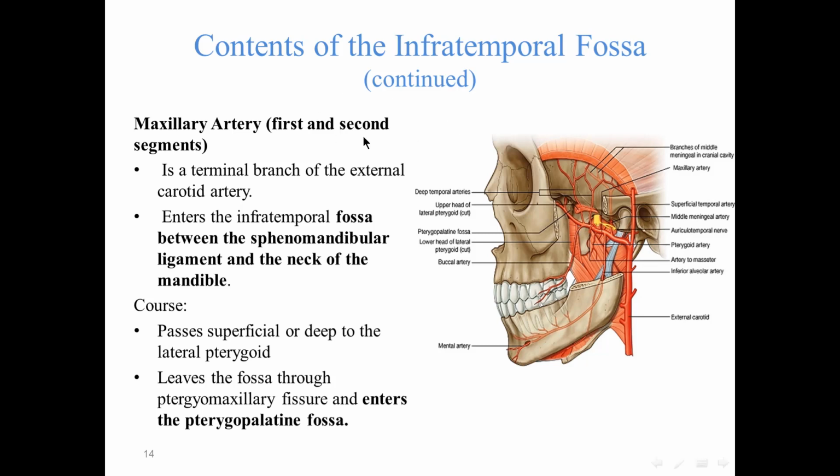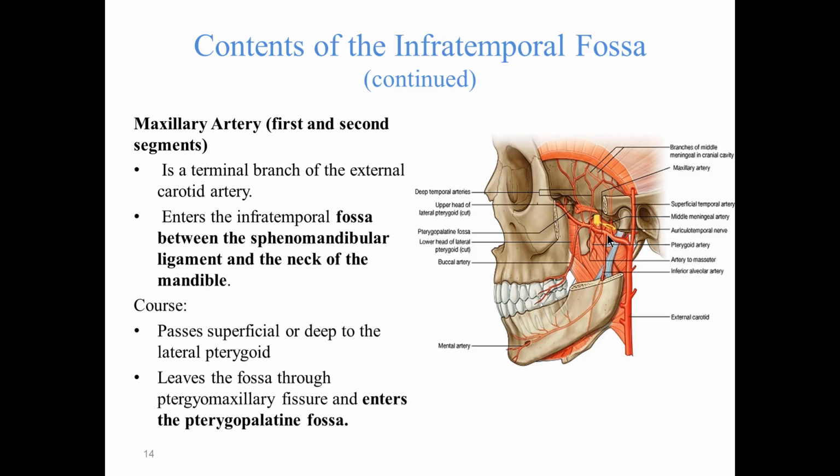The first and second part of the maxillary artery are located in the infratemporal fossa. It passes between the neck of the mandible and the sphenomandibular ligament. This part is the first part. The first part passes between the sphenomandibular ligament and the neck of the mandible.